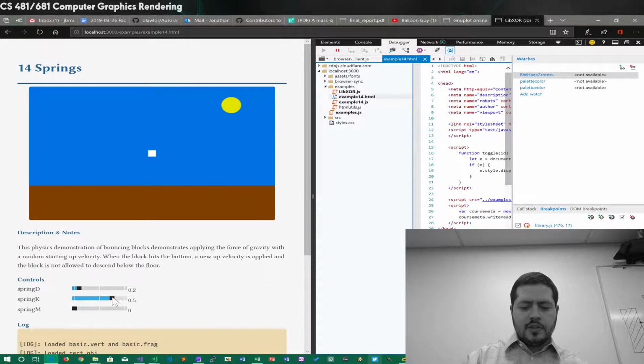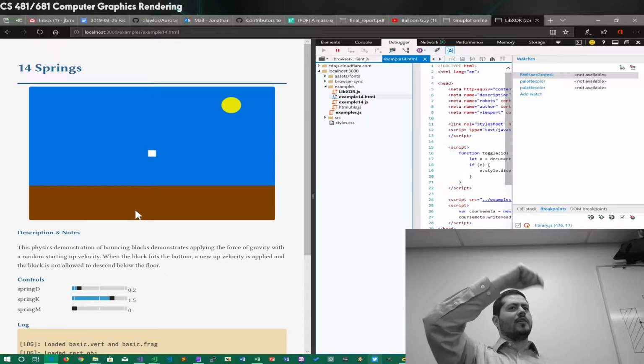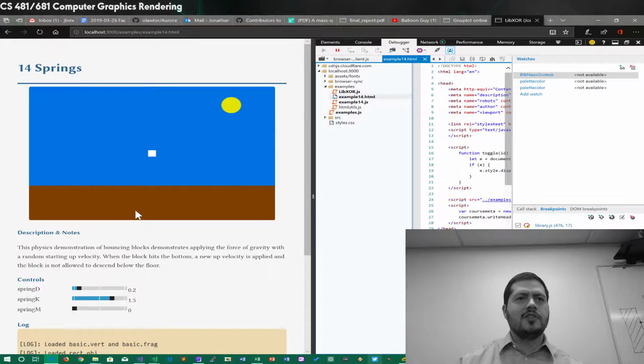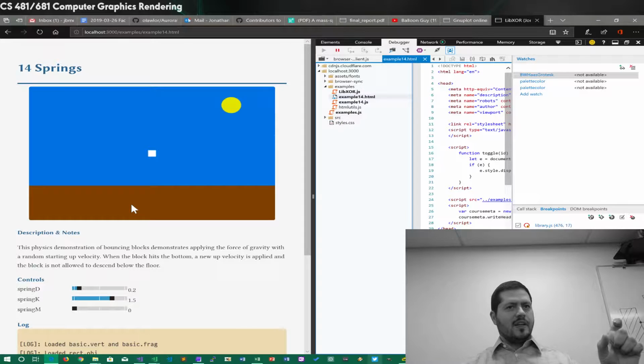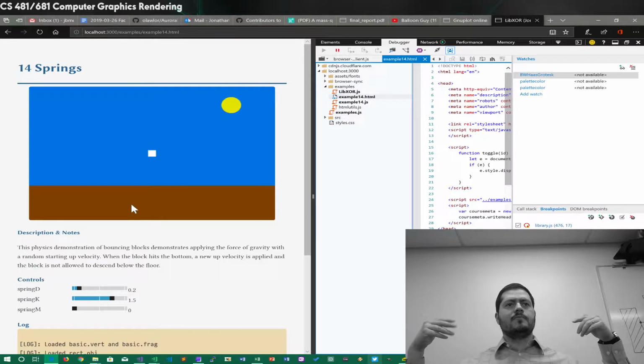Now, what happens if we bump the spring constant? They both can play with each other. The spring is like one of those really long loose springs, versus a really thick, heavy spring that you might see on a swing or something. They just hardly budge at all.